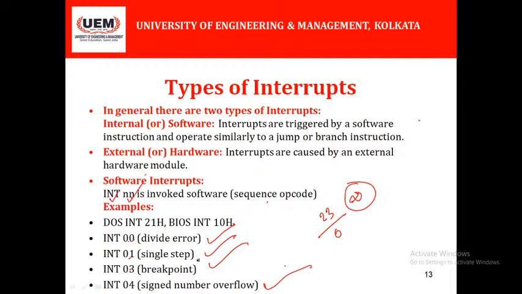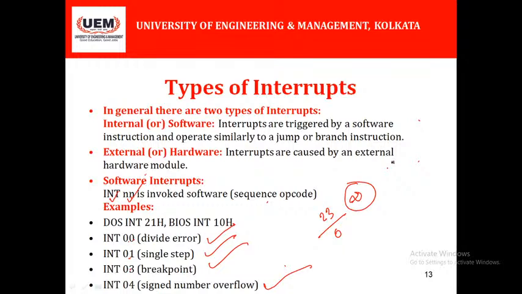The single step interrupt occurs when the trap signal occurs. That means the microprocessor has to finish its job immediately and then go to some other point. The breakpoint interrupt occurs when we need to break from one portion of the main program to another portion.